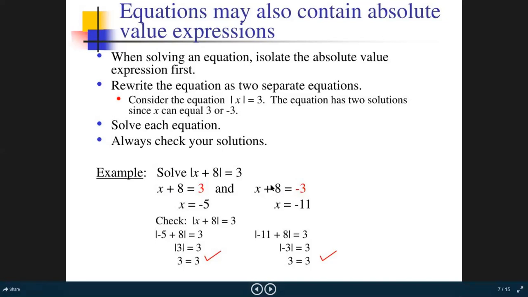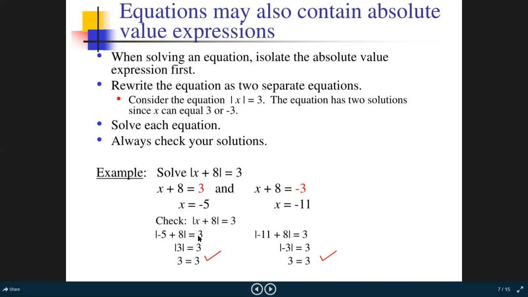So we take both conditions. If x + 8 is equal to positive 3, then x is equal to minus 5, as 8 goes to the right side: 3 minus 8 is minus 5. If x + 8 is equal to minus 3, when 8 shifts to the right side, minus 3 minus 8 is minus 11. The value of x is minus 5 or minus 11.